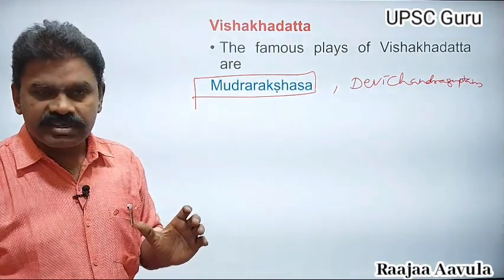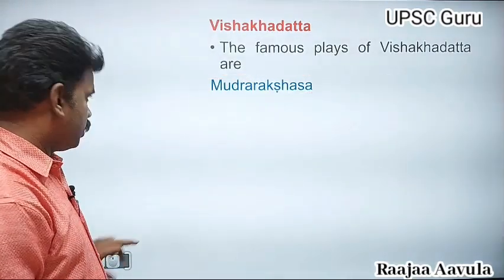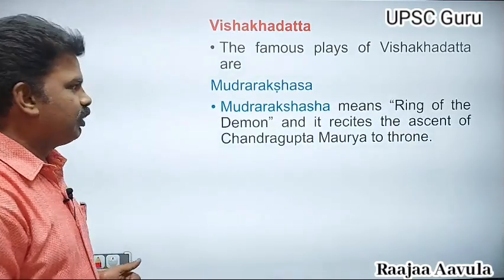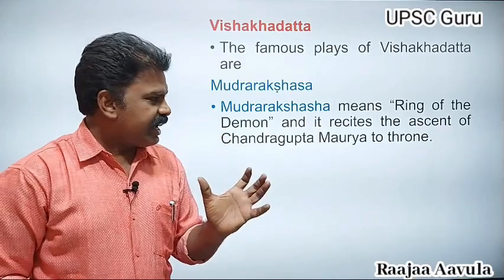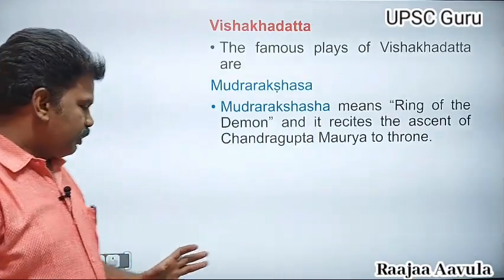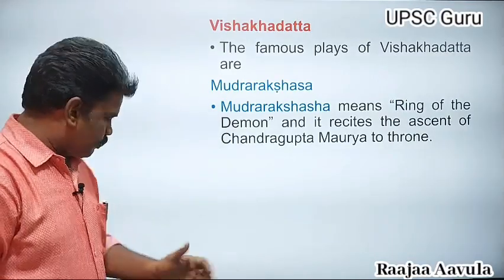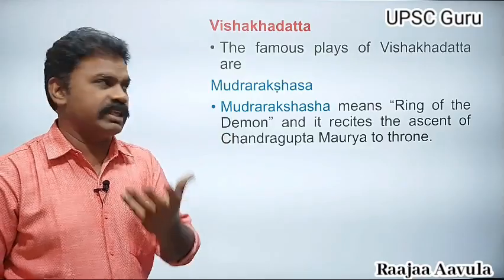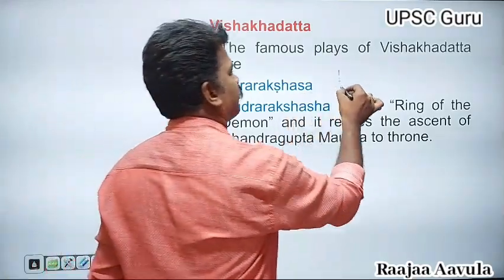Mudra Rakshasam means a ring of a demon, and it recites the ascent of Chandragupta Maurya to the throne. It speaks about how Chandragupta Maurya ascended the throne with the help of Kautilya.